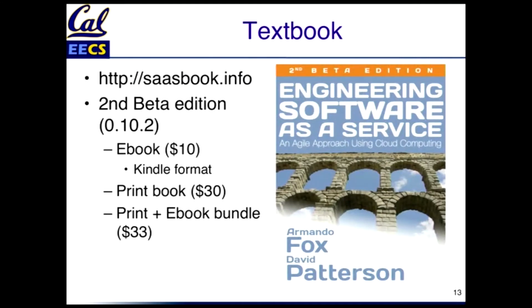The book for this class is something Armando and I have been slaving away at for more than maybe a year and a half now. We had an alpha edition, a beta edition. We're now to the second beta edition. We're almost done. And we're excited that, maybe in part because of us nagging Amazon, they announced a couple of days ago the ability to bundle these together. So for $33, this is going to be the best deal you'll ever get.